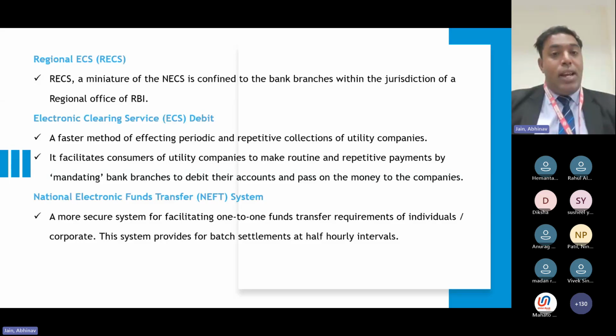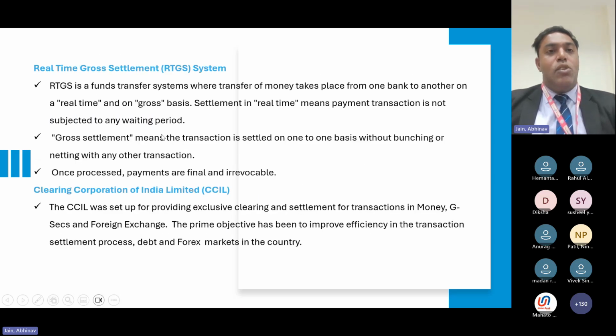And the difference between NEFT and RTGS: RTGS is real-time gross settlement. In real-time gross settlement, we are settling transactions on a one-to-one basis. Gross settlement in itself means one-to-one settlement without bunching or netting the transactions.